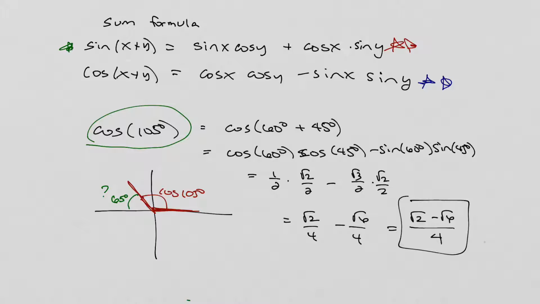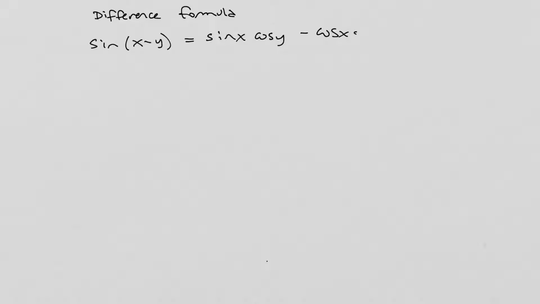Okay. One more style of formula we're going to look at is a difference formula. And again, we'll look at sine and cosine. So if I had sine of x minus y, that's going to be sine x cosine y minus cosine x sine y.